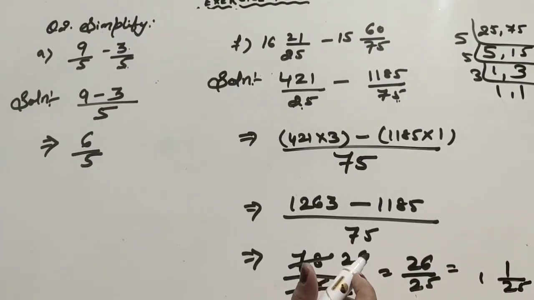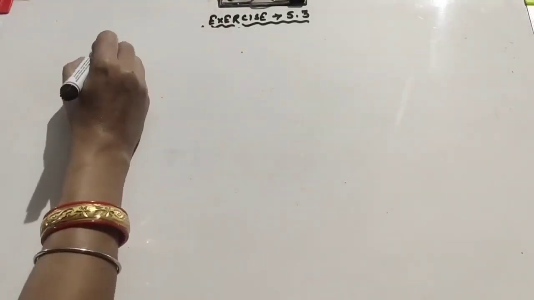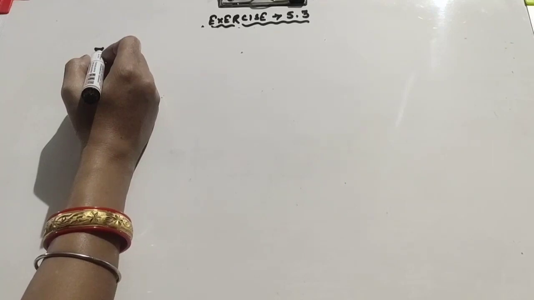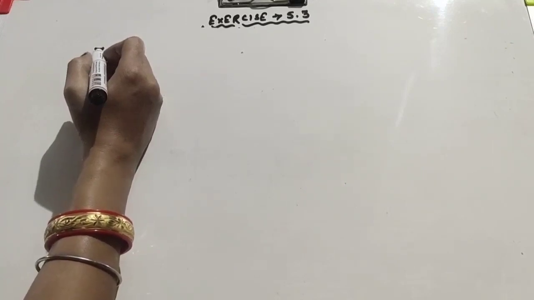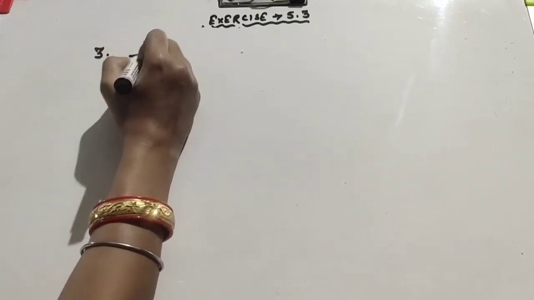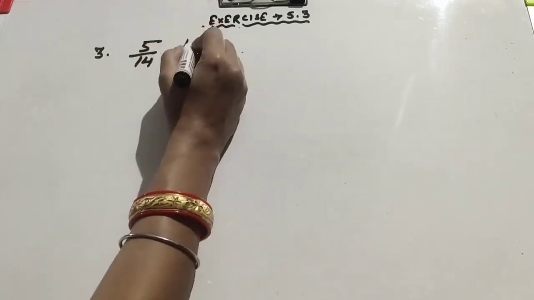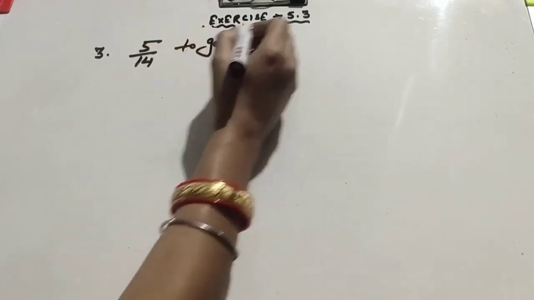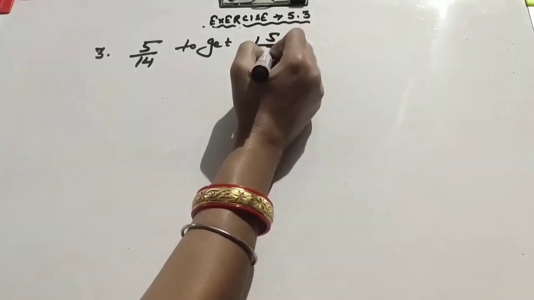Now move to question number 3. What number should be added to 5 by 14 to get 1 5 by 7?